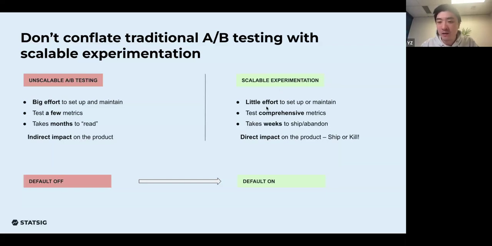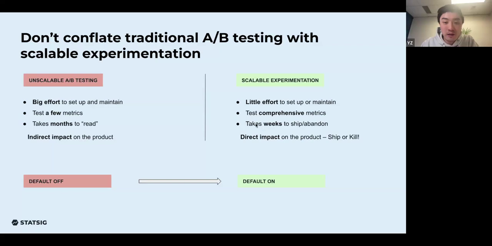In fact, they only cost two lines of code to set up. We can test comprehensive metrics because additional metrics do not make things harder. I'll talk about why soon, but this is one of the benefits of having scalable experimentation.